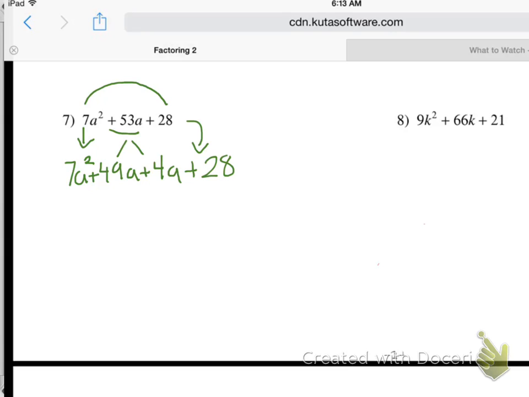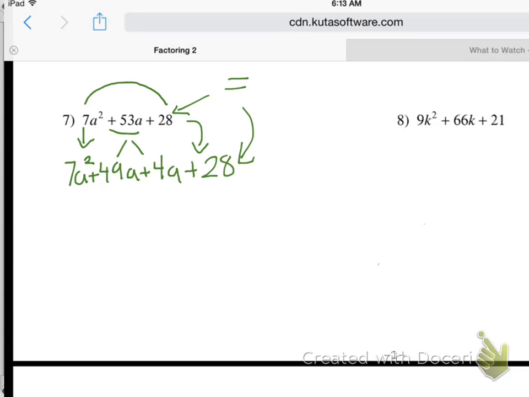So really what I have is that value and that value are equivalents. So 7a squared plus 53a plus 28 is equal to 7a squared plus 49a plus 4a plus 28. So we split the term. We made it more complicated looking, I think. This isn't making me feel better. It's making me get a little nervous.